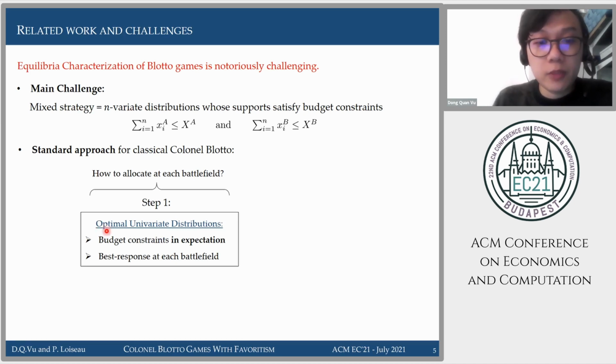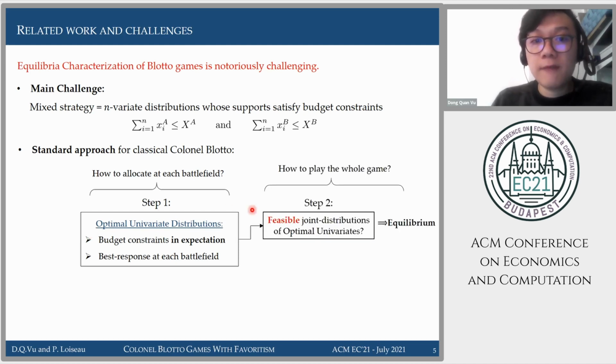The optimal univariate distribution is defined as the distribution such that when players allocate accordingly, the budget constraint will hold in expectation, and in each battlefield, they best respond to each other. Having this optimal univariate distribution, if we can construct a feasible joint distribution with these univariate marginals, such that the budget constraint holds, then we have found an equilibrium.